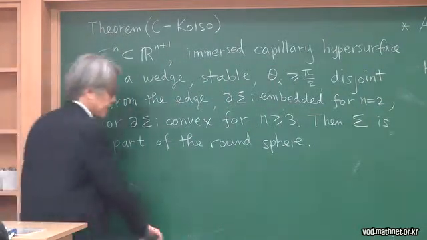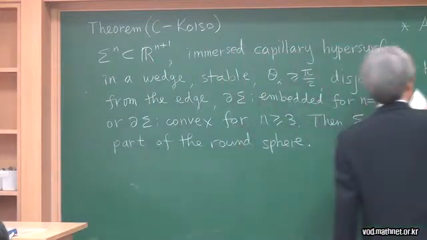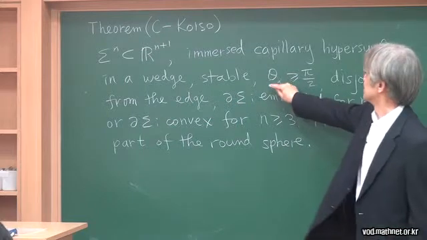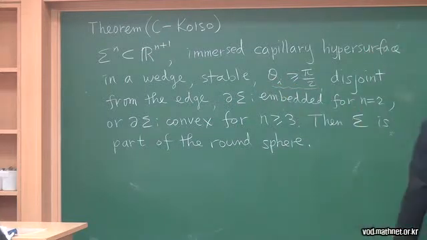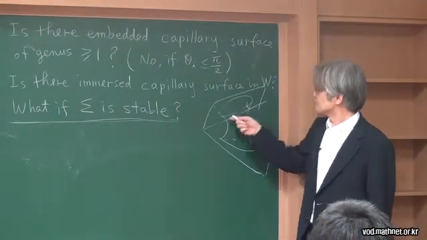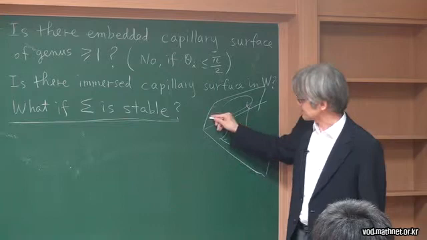So we seem to have many hypotheses, but this contact angle condition: a stable capillary surface with contact angle smaller than 90 degrees experimentally tends to move toward this edge.